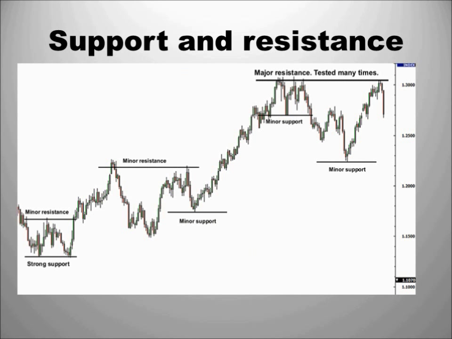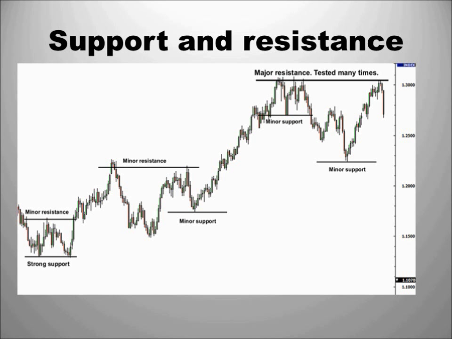So, support and resistance, they can be lines or they can be zones. And more examples of support and resistance as to how strong they can be and how weak they can be. So here, throughout this chart, we see strong resistance and we see weak resistance.